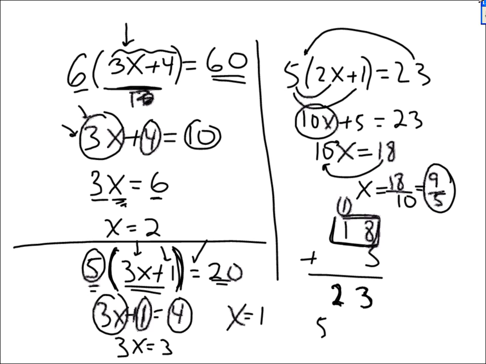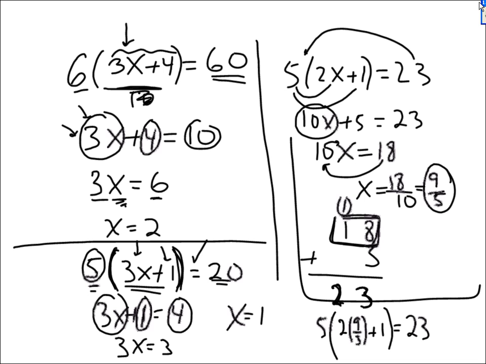That is 5 times 2 times x, which is 9 over 5, plus 1. This will give you 23. Let us just check that, and that will be it.